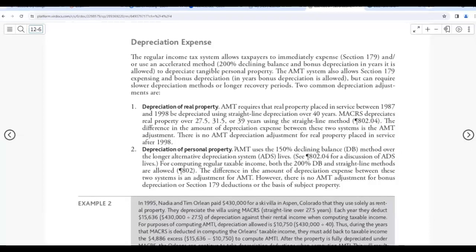For depreciation of personal property, AMT uses 150% declining balance, which means slower depreciation. What is straight line depreciation? Straight line depreciation is 100%. Double declining is fast, 200%. So AMT using 150% is fine.